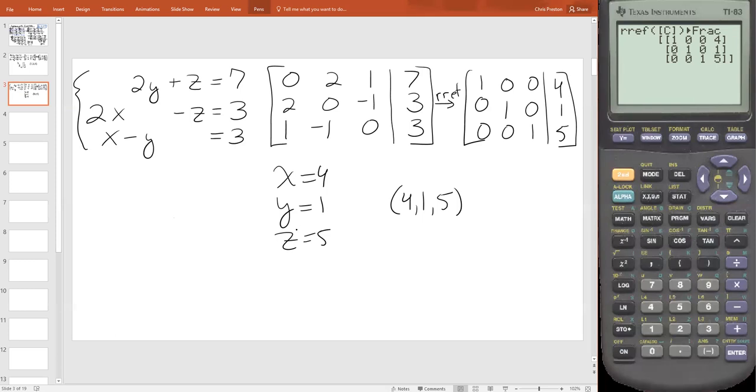So let's look at some problems that are a little unusual here and see how to handle them or understand what we're looking at.